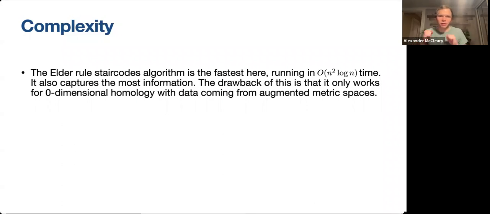It only works on a very specific type of data set, when we're looking at augmented metric spaces and we're interested in zero-dimensional homology. Now, this is a very important type because looking at persistence of zero-dimensional homology is closely related to clustering. In fact, it is just a form of clustering. So it is an important application, but it is the most specific.